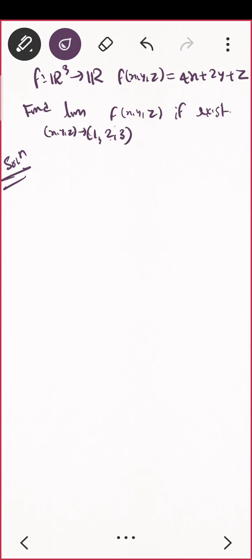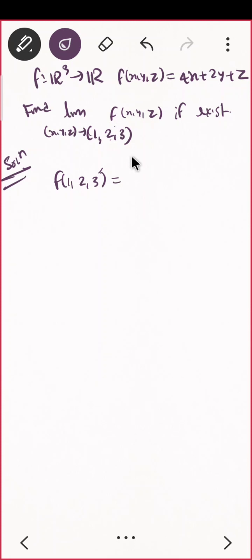Yes. So what do you think, where will this converge? There is no denominator term in this, so it must converge to f of 1 2 3, correct? So you should first start with f of 1 2 3.